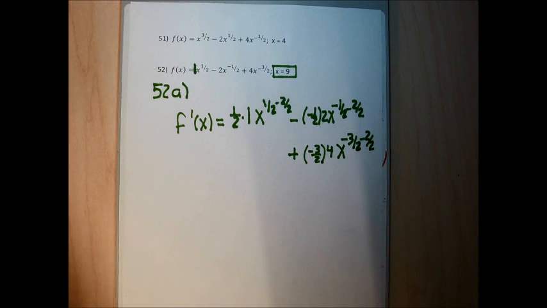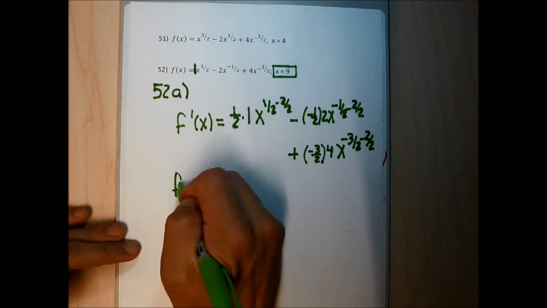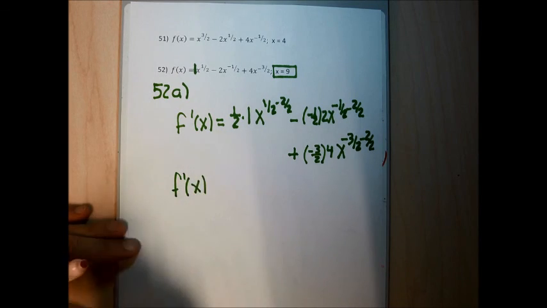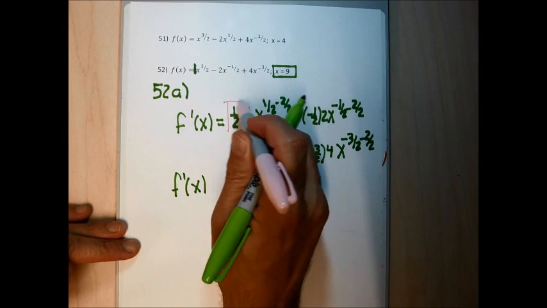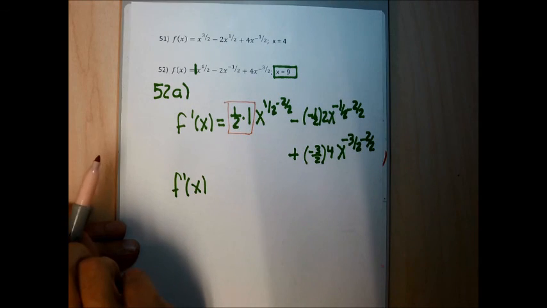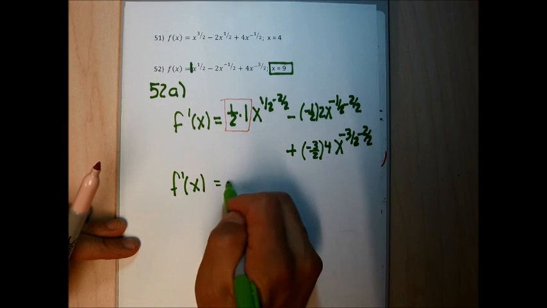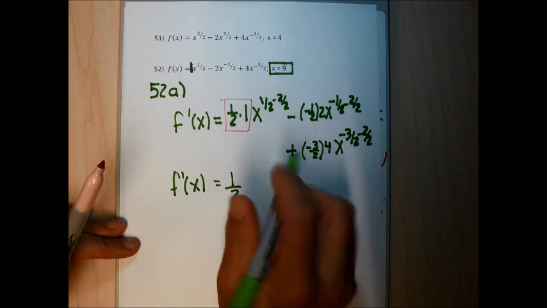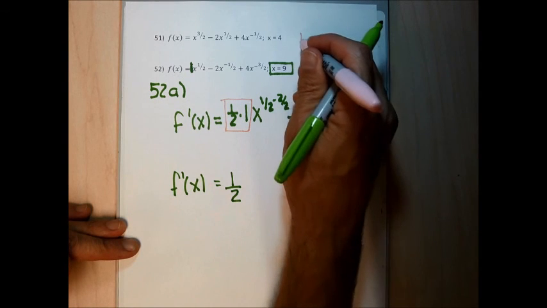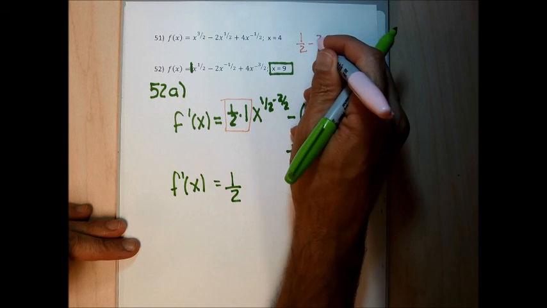Now I'm going to do the multiplication I need to do and work on the exponents. So I'm going to get f prime of x equals, in the first multiplication I need to do 1/2 times 1. Anything times 1 is itself, so I get 1/2. And the exponents I need to work with are 1/2 minus 2/2.